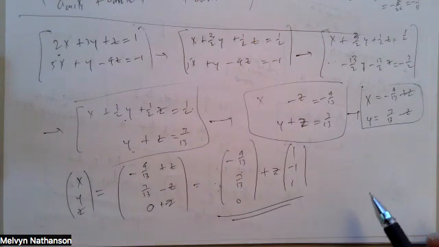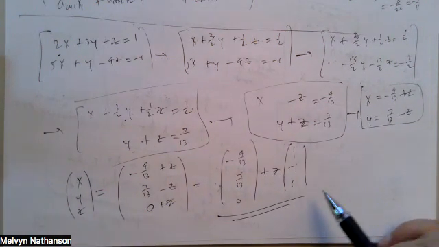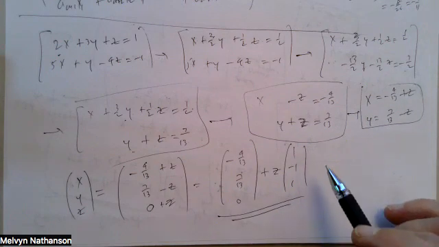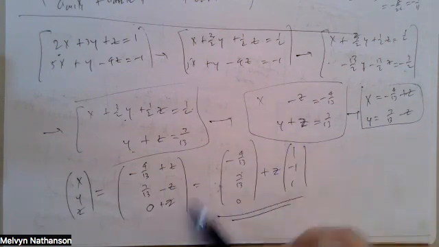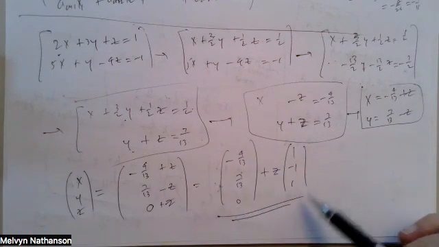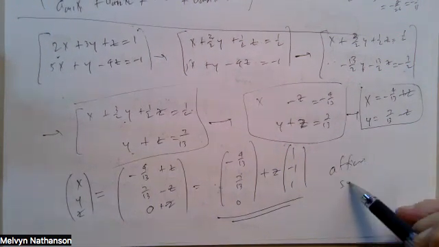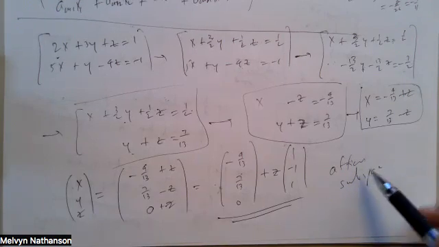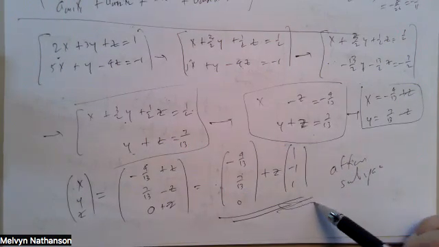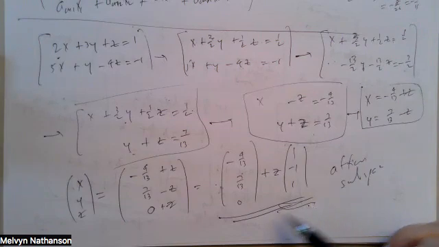So every solution of this system of equations is of this form. And if I look at this set of vectors for all z, that is an affine subspace. The set of all vectors of this form is a vector subspace, and then I'm translating that subspace by this fixed vector.